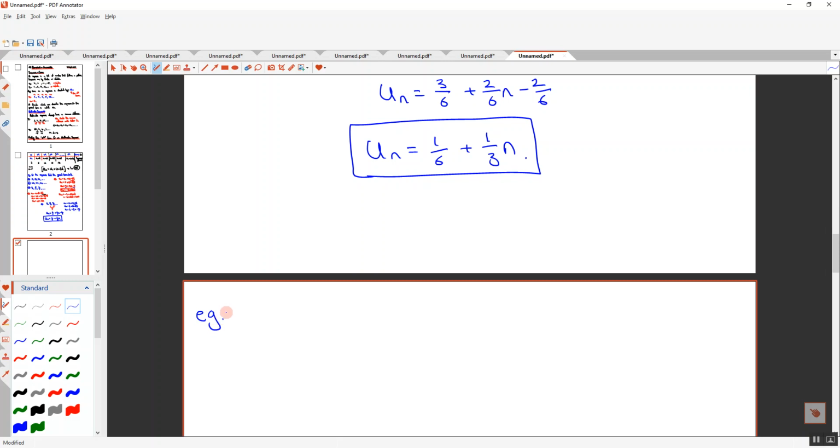Okay, right, here is another question for you. I want you to find the number of terms in the finite sequence.